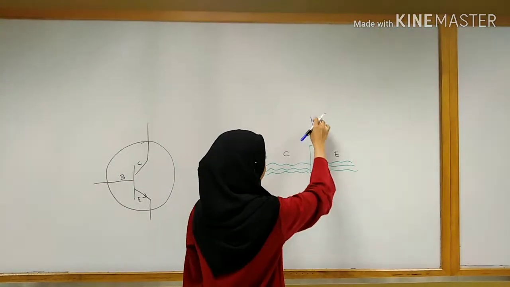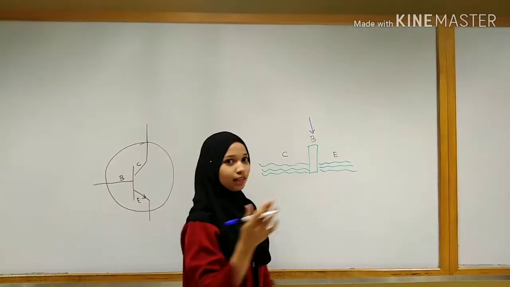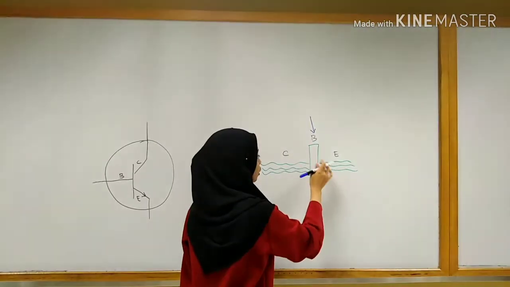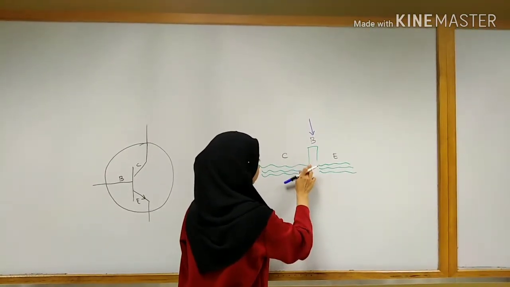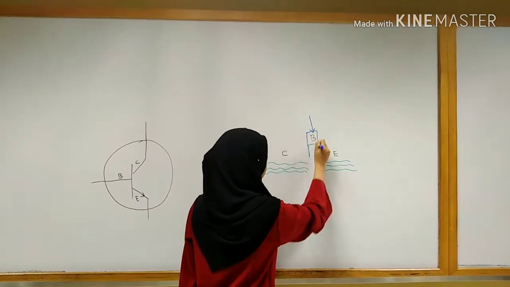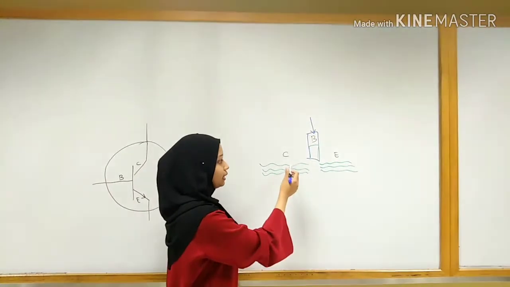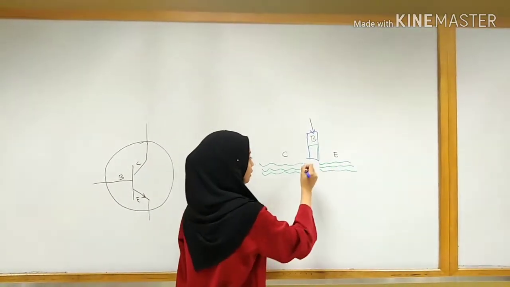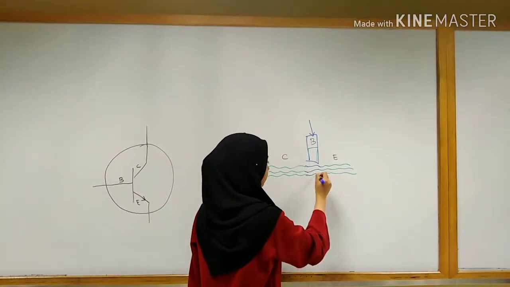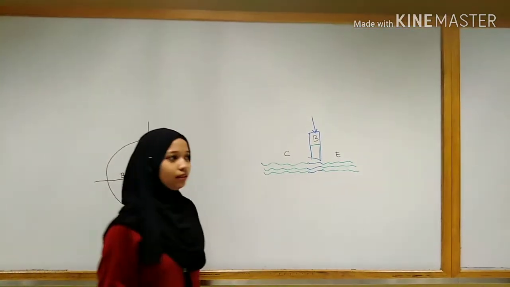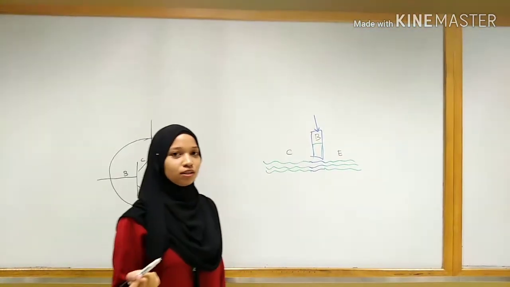If the base has a current, the door will open, so the water from the collector will connect to the emitter, and it will be a closed circuit.